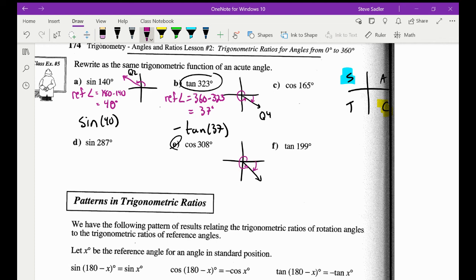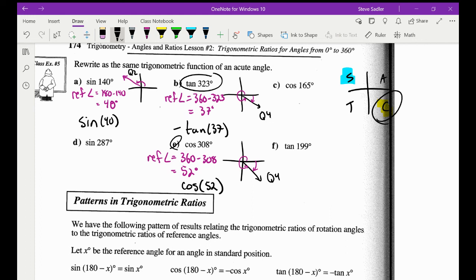Our reference angle is going to be 360 minus 308, and that gives us 52 degrees. So we can rewrite cos of 308 as cos of 52, and we've got to make sure it's positive or negative. So in quadrant 4, cos is positive, so we're just going to leave it the way that it is. Yay! Hopefully this made sense.